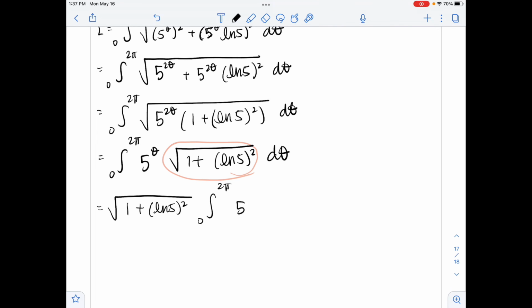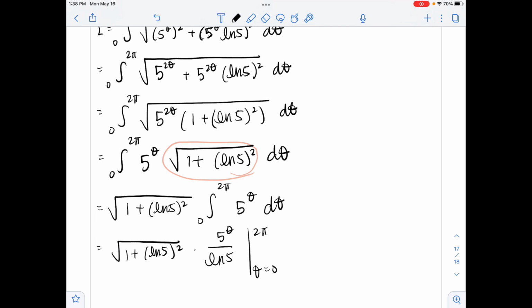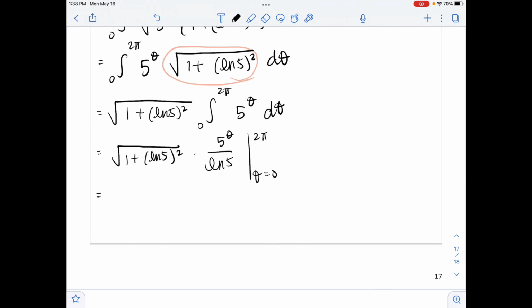And so we have just integrating 5 to the theta power d theta. This is going to become the square root of 1 plus ln of 5, which is just our constant, squared, stays there. And then times, integrating this, we're going to have 5 to the theta over ln of 5. And evaluating this from theta equals 0 to 2 pi. And so we have quite a bit of constants here. I have the square root of 1 plus ln of 5 squared over ln of 5 times 5 to the theta.